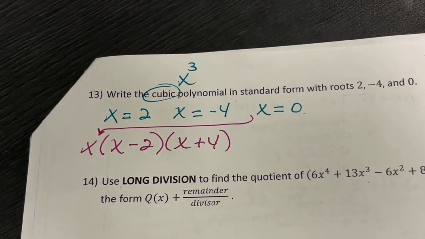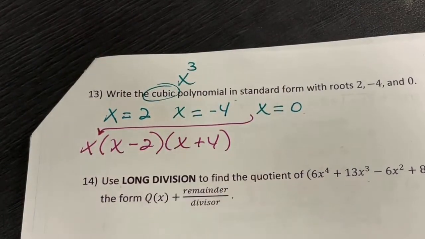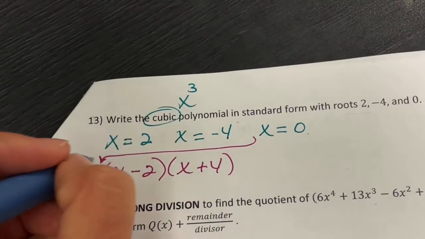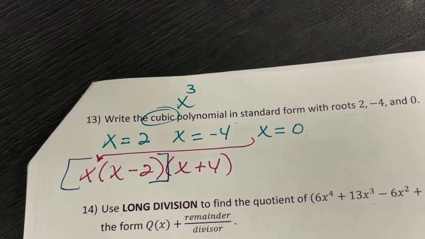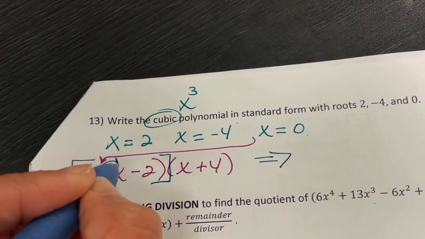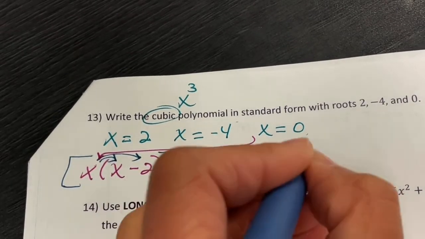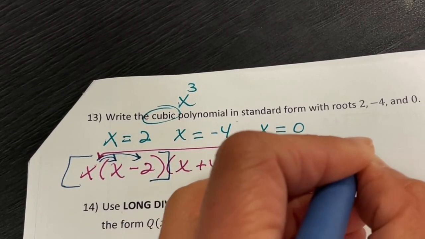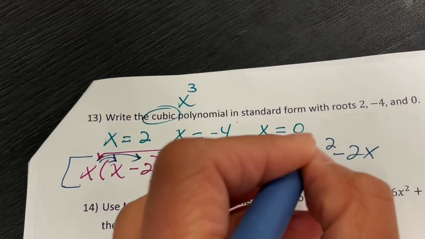Okay, now we have to multiply, but we can only multiply 2 at a time. So I'm going to multiply the first 2 together first, and we'll put that work over here. So when I distribute that x times the x minus 2, I'm going to get x squared minus 2x.